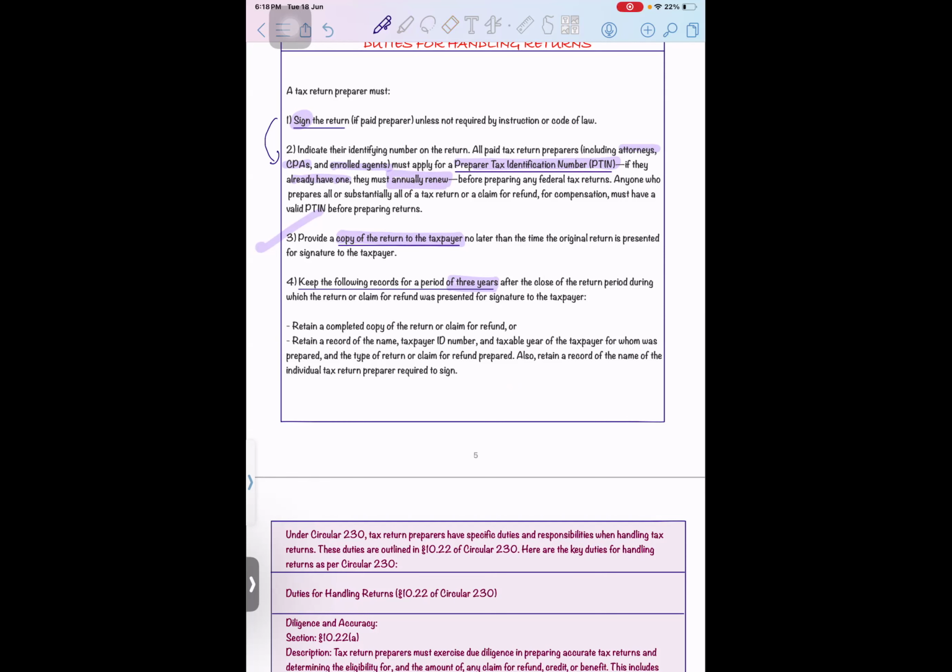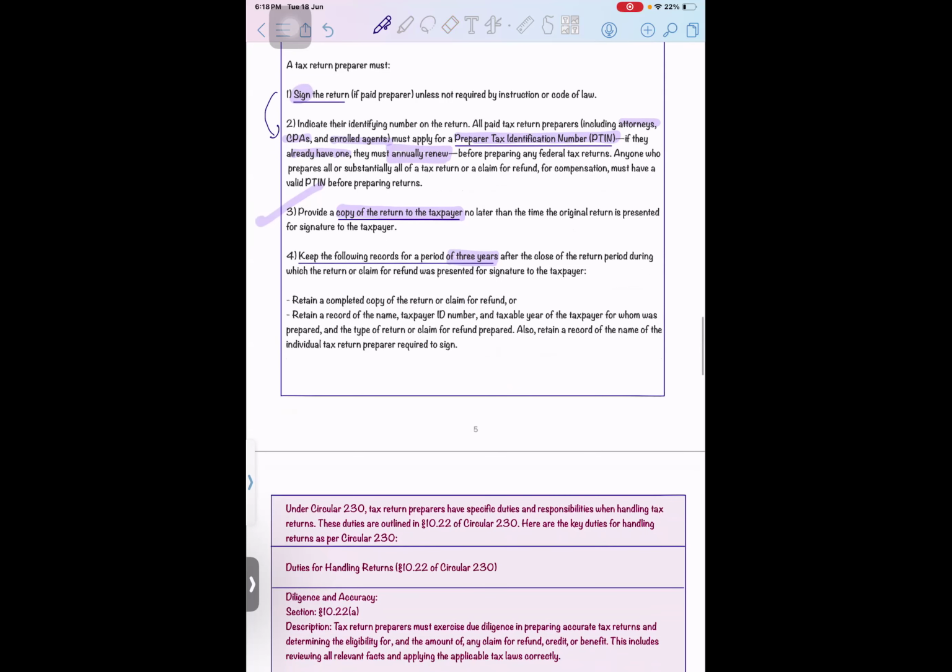So this is how you are going to remember all the points. You just think like you are working on a practical client and then remember the topics. It should be provided no later than when the original return is presented for signature to the taxpayer. There has to be a signature of the preparer and a signature of the taxpayer.